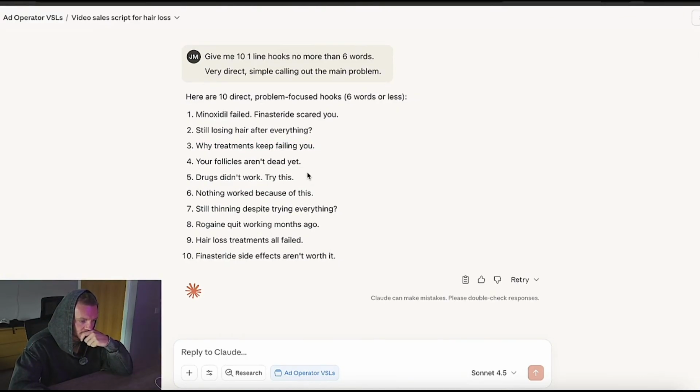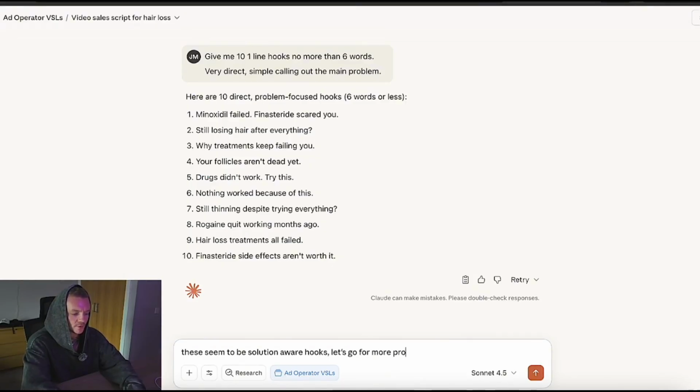Because these are all kind of the solution aware problems. These seem to be solution aware hooks. Let's go for more problem aware hooks.